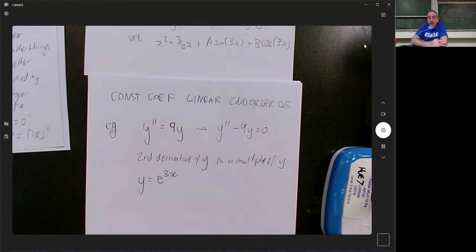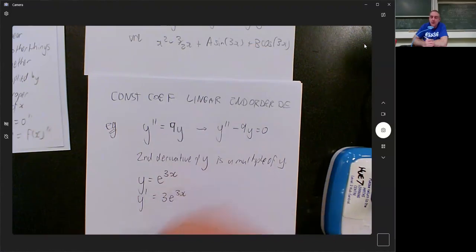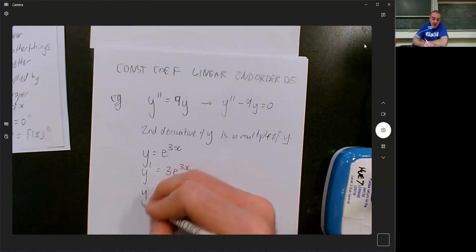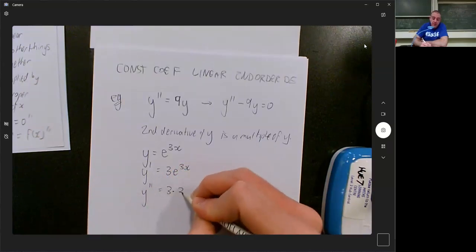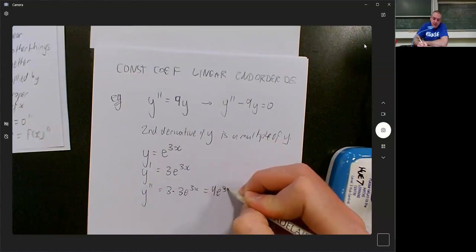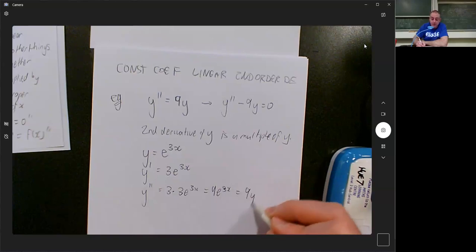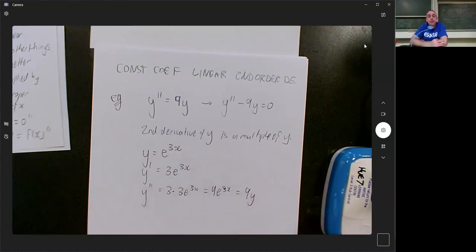That function, if I differentiate it, will give me 3e to the 3x because of the chain rule. And if I differentiate it again, I'll have 3 times 3 e to the 3x, which is 9 e to the 3x. And e to the 3x is y, because that's where I started. And so if you have y equals e to the power of something, its second derivative will be a multiple of the original function.